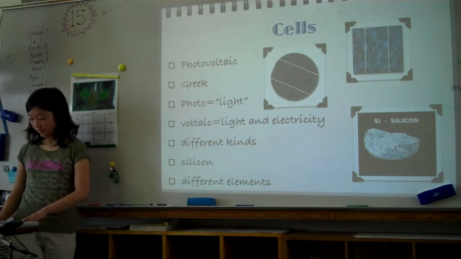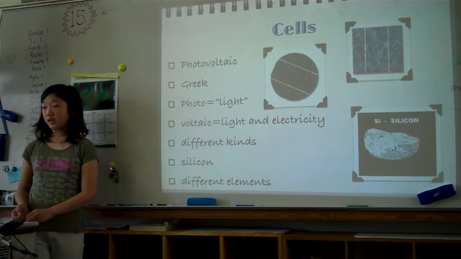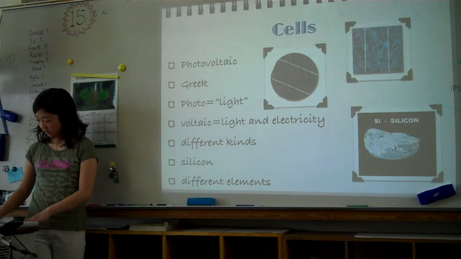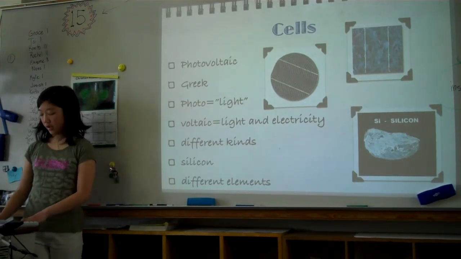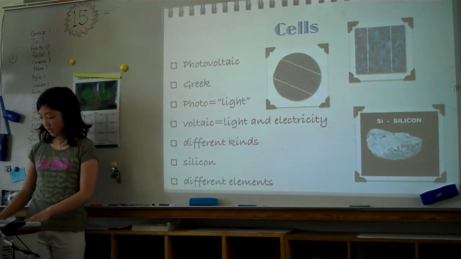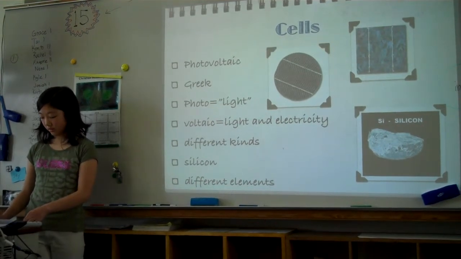On the other hand, thin film cells can be much cheaper and require much less energy to produce. PV panels have an efficiency of about 15%, which means that they can deliver about 150 watts per square meter.